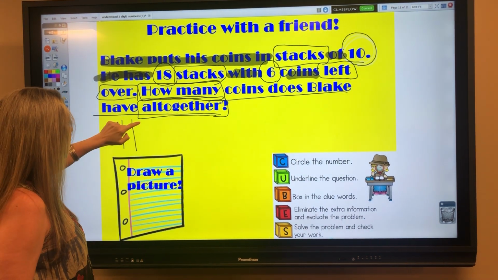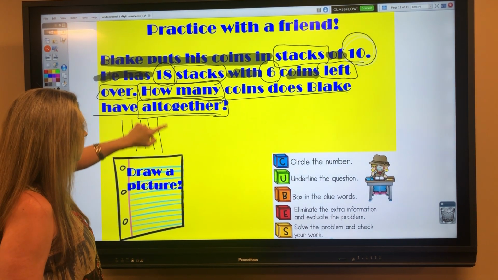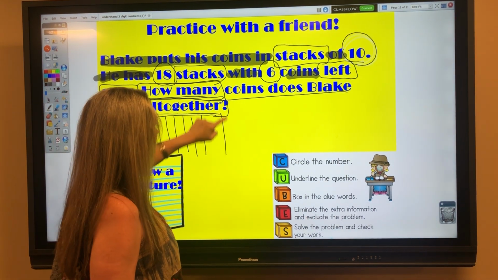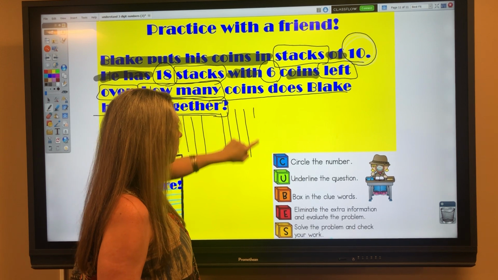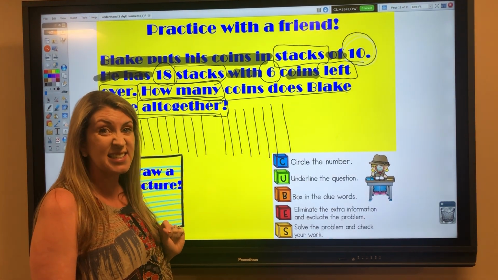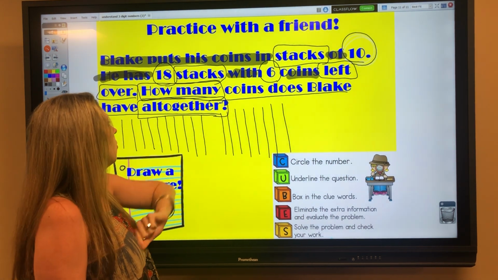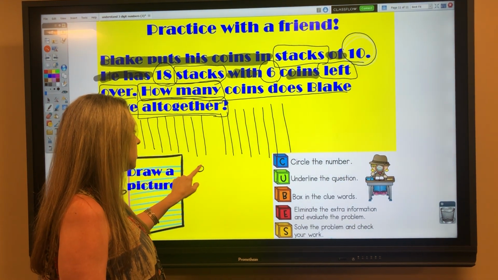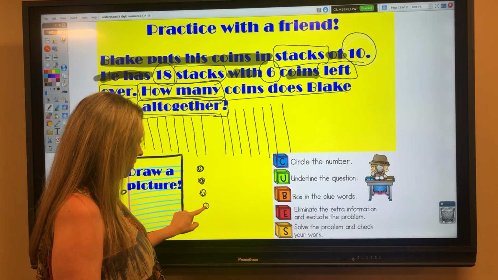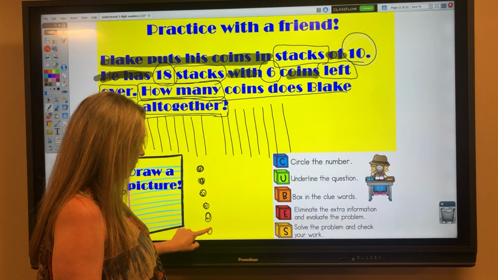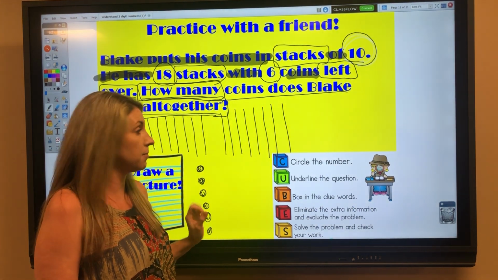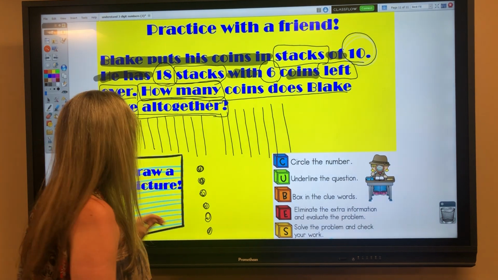Hopefully you did this. 3, 4, 5, 6, 7, 8, 9, 10, 11, 12, 13, 14, 15, 16, 17, 18. 18 stacks of 10 with 6 coins left. Remember, those 6 that are left are going to be 1s. 1, 2, 3, 4, 5, 6. And always go back and check your work to make sure you drew it correctly.